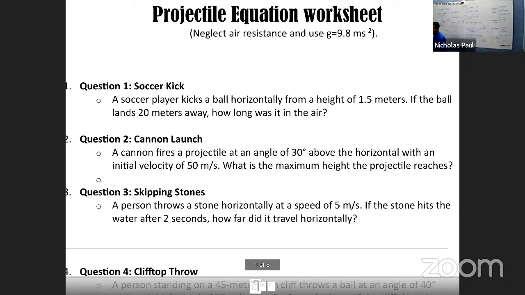I just changed them. Then you can read, you have enough time to do it. Number 1 and number 2, we draw a diagram.